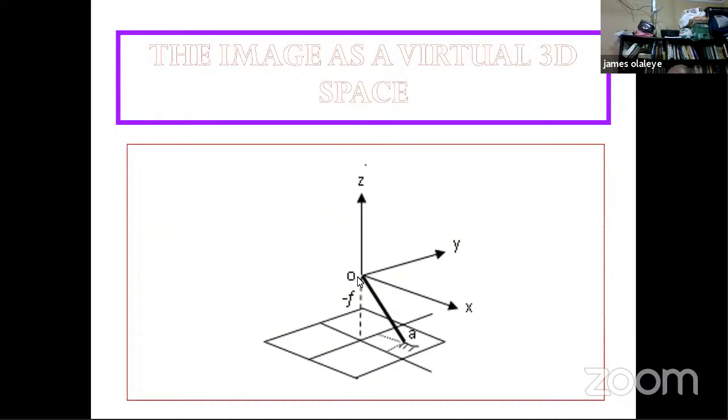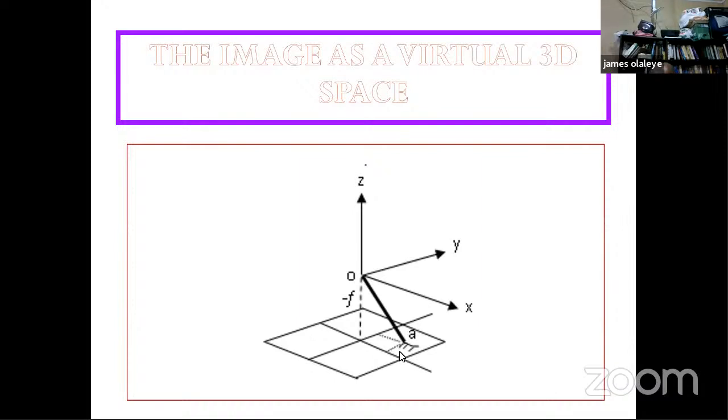So the origin of the coordinate system for any camera is the lens position. And the vector of any point from the lens position is given as bold letter A, which of course embraces the X, Y, and Z coordinates.